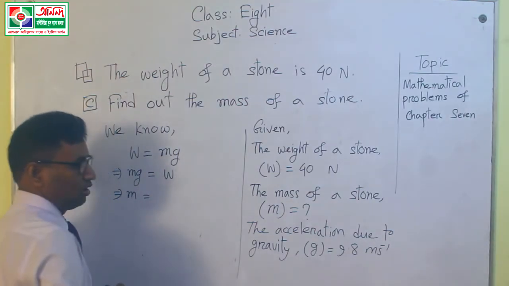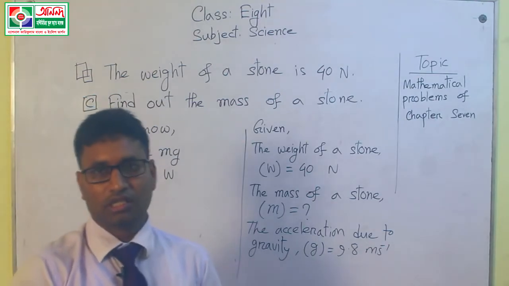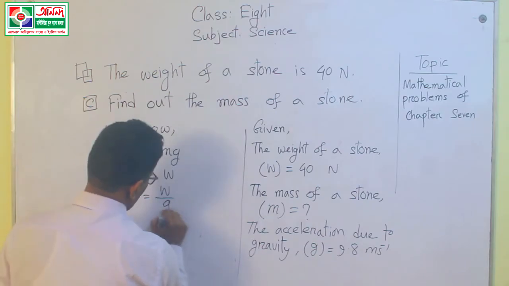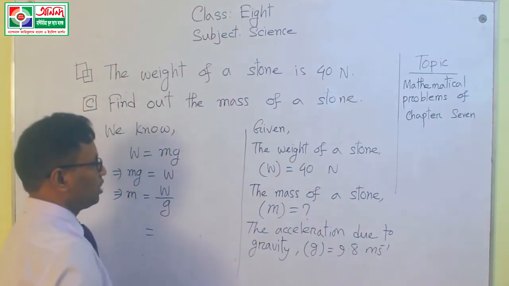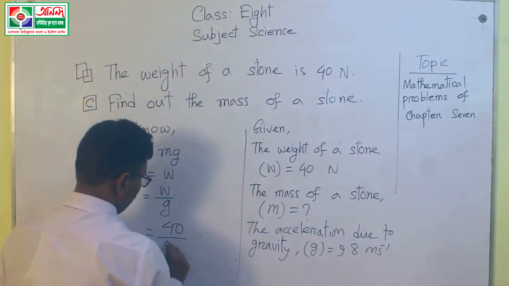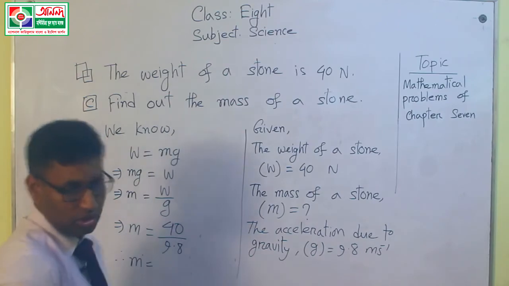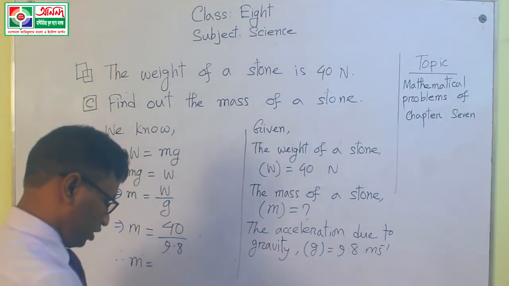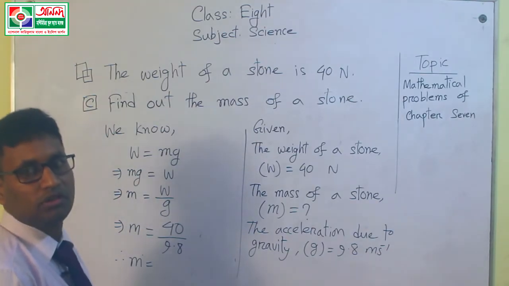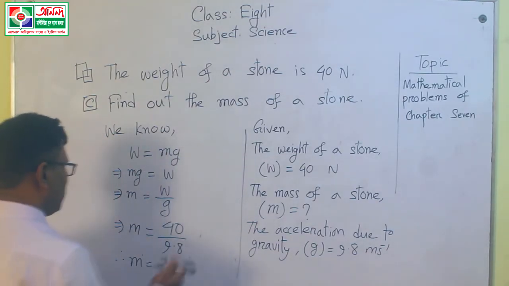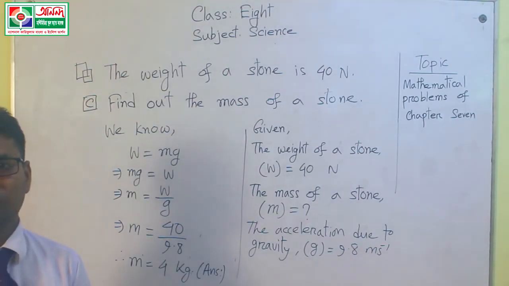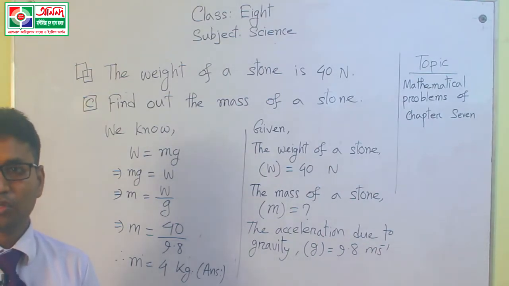On the other hand, g goes to the right side and is divided: m equals W divided by small g. We know W equal to 40 Newton, small g equal to 9.8. So 40 divided by 9.8 is about 4, that means 4 kg. The mass of the stone is 4 kg.